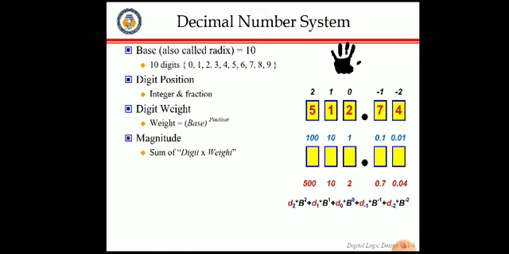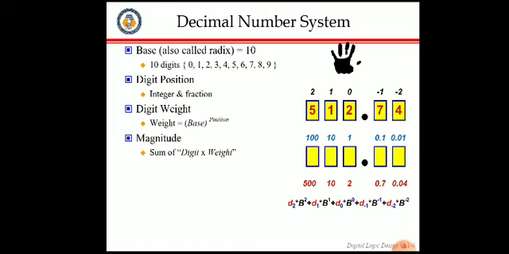So now if you observe, 2 is in units place. So 2 into its weight value 1, 2 into 1, that means it's 2. Now in the first position, after 0 position, the weight is 10.